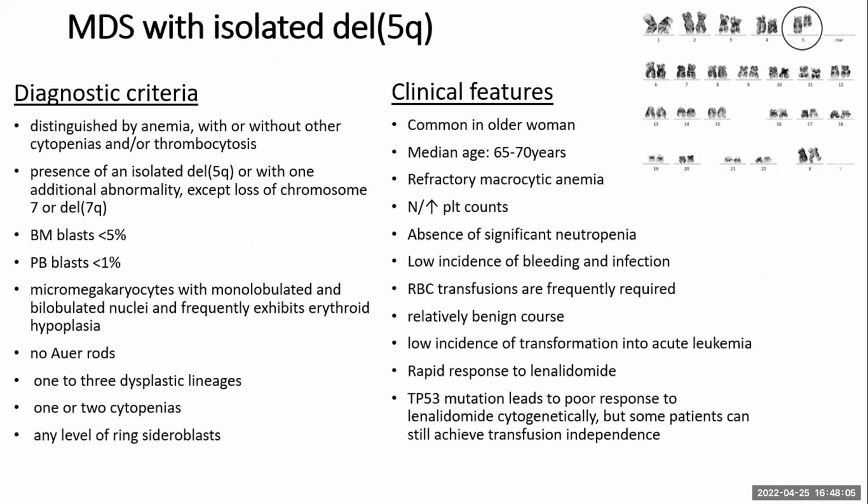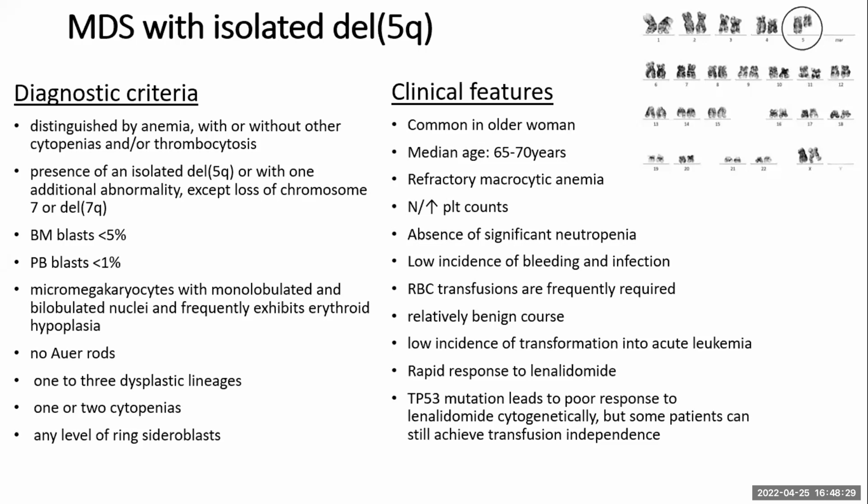In terms of the diagnostic criteria for this patient, these are distinguished by anemia with or without other cytopenias. They may have thrombocytosis. There is presence of an isolated deletion 5q or with one other additional abnormality, but the additional abnormality should not be monosomy 7 or deletion of 7q.